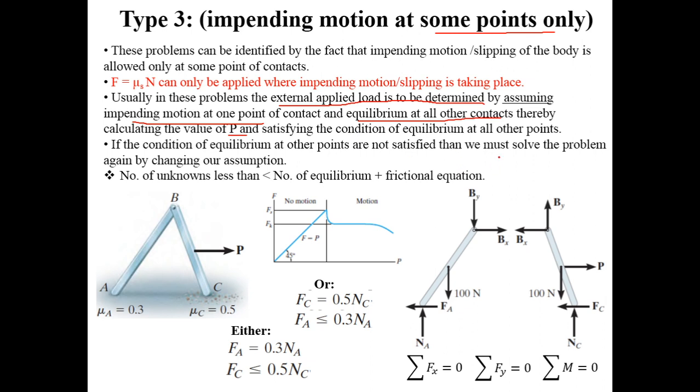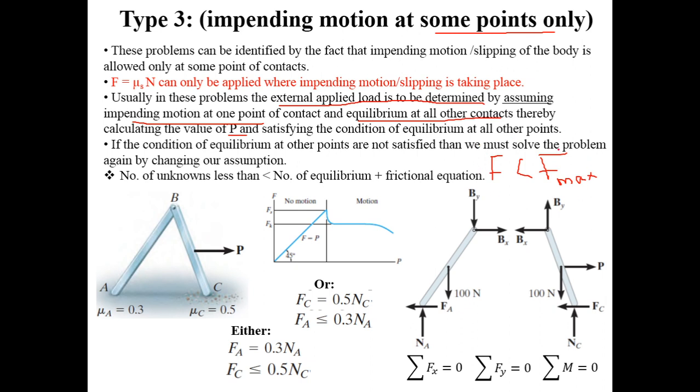Because once you have assumed that a point will be in equilibrium, then the calculated friction force must be less than the maximum value of friction force at that point. You have to remember that we verified this inequality in type 1 problem.